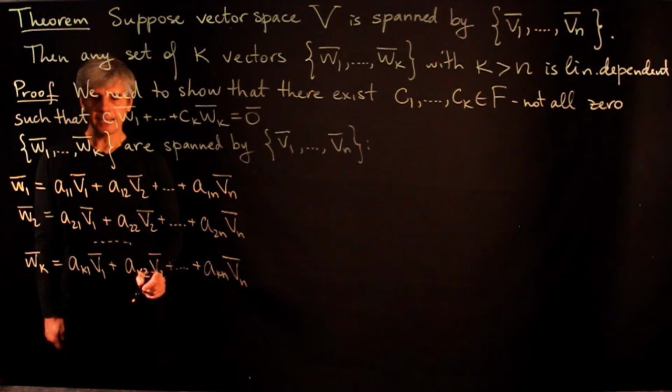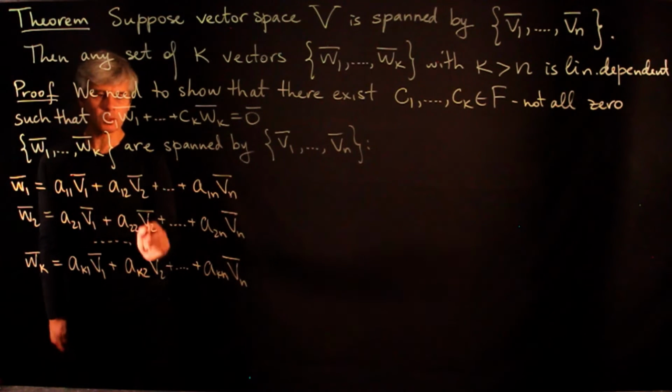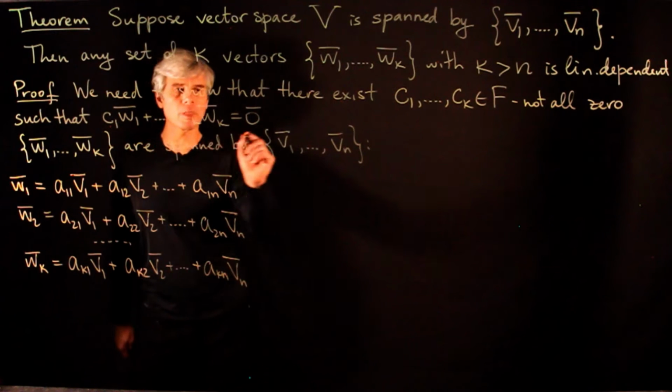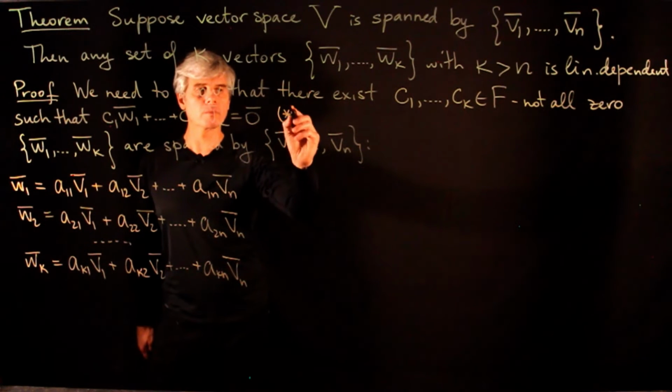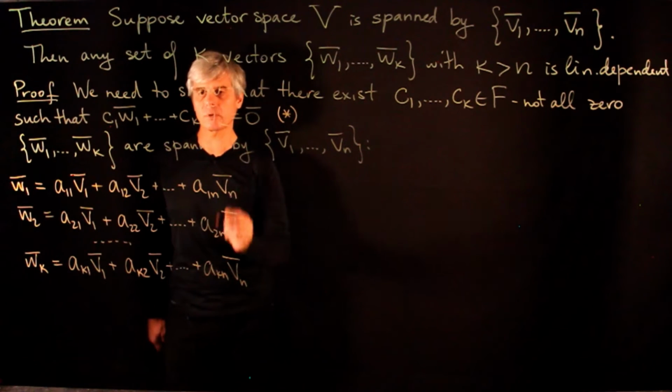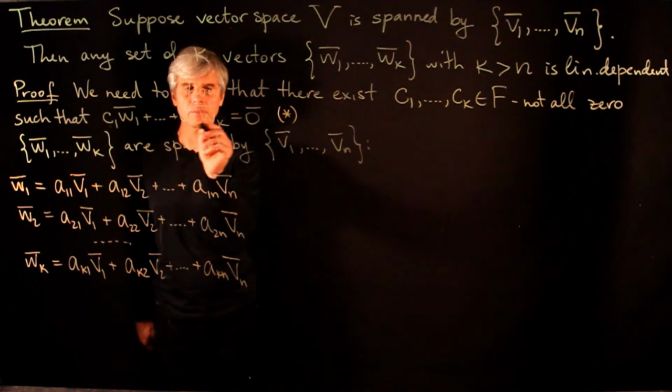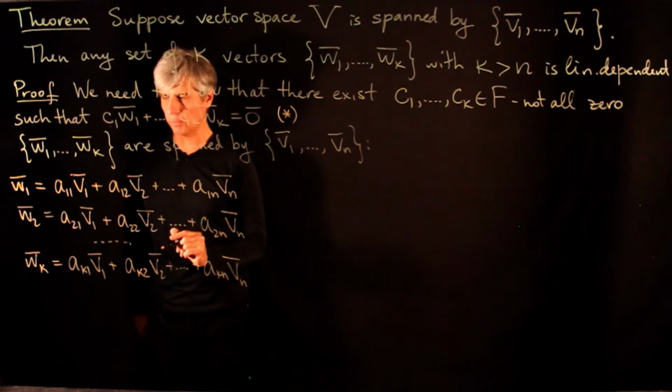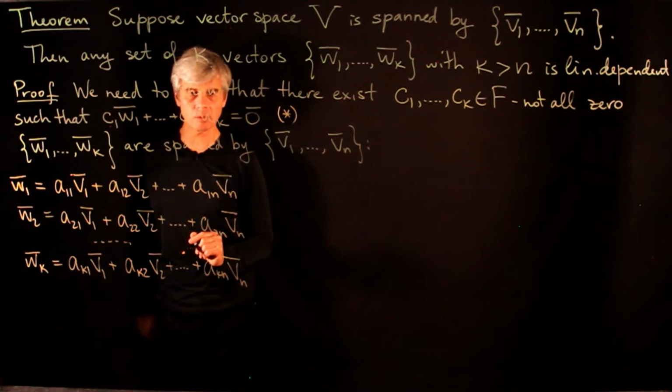Now, let us take these equalities and substitute them into the left-hand side of the equality where the linear combination is equal to 0. So what are we going to get?